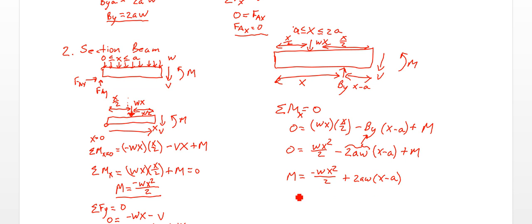Now if I expand that out, M equals negative Wx squared over 2 plus 2aWx minus 2a squared W.